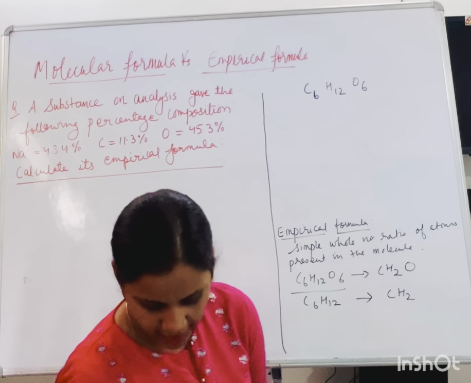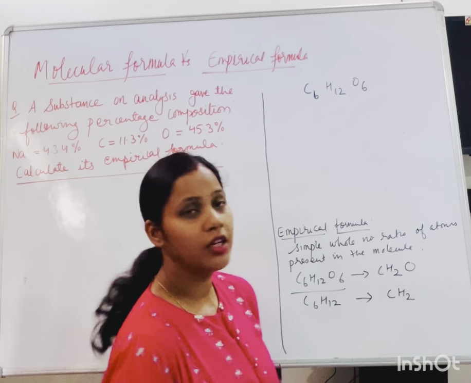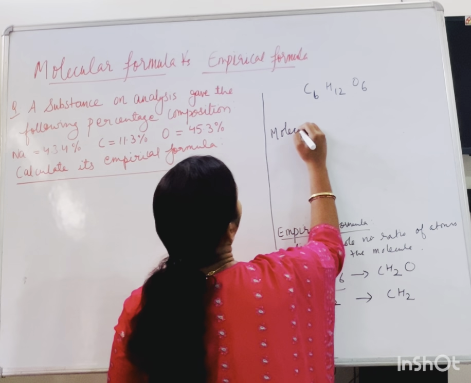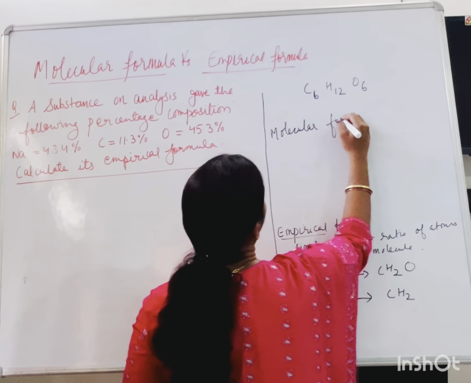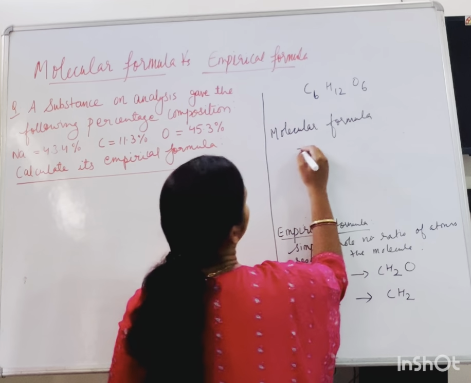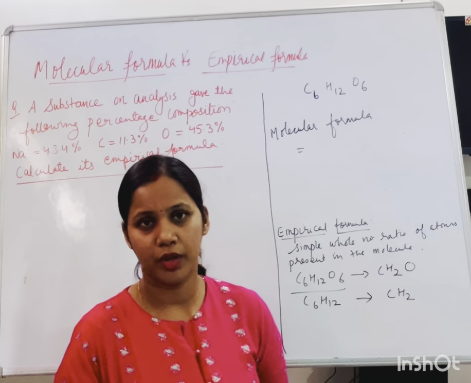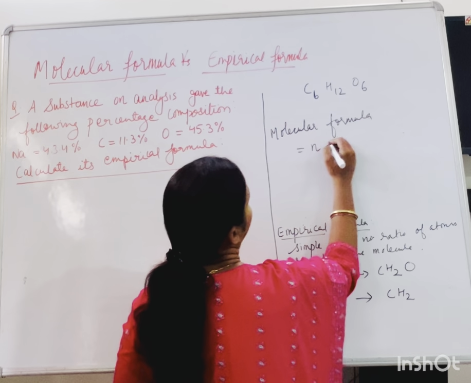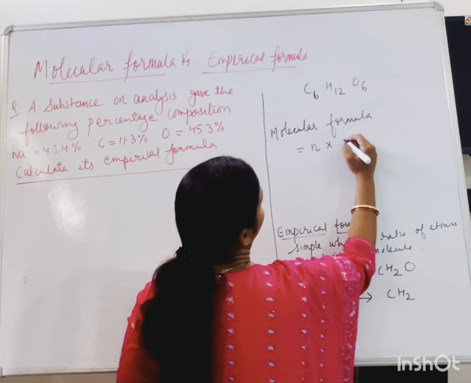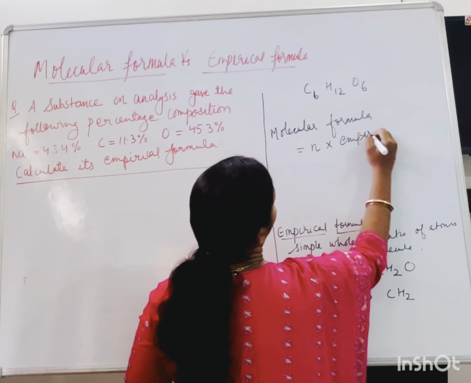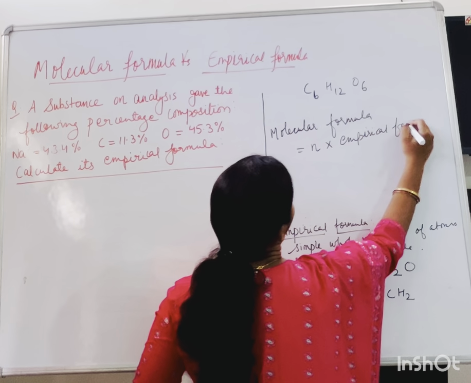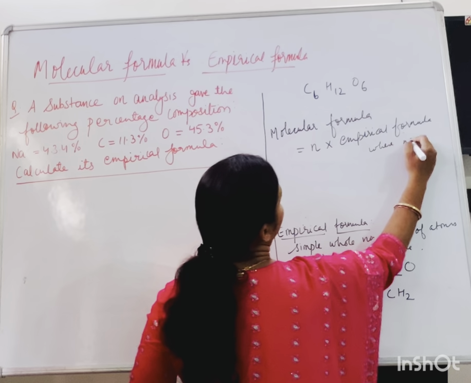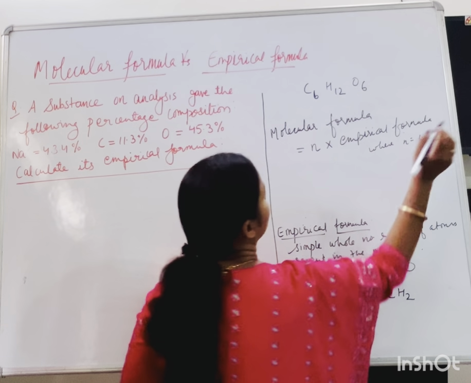Basically, molecular formula is a whole number multiple of the empirical formula and can be written as molecular formula is equal to n into empirical formula, where n is equal to 1, 2, 3 and so on.